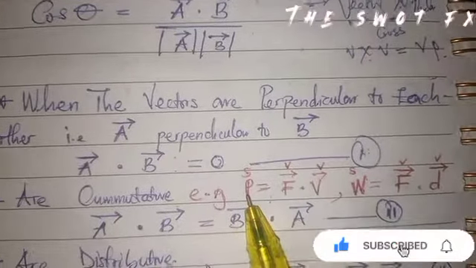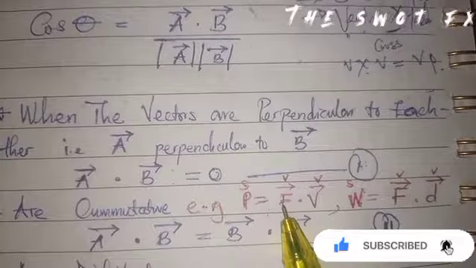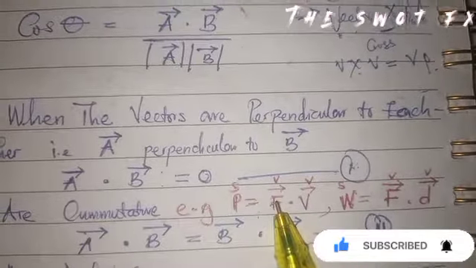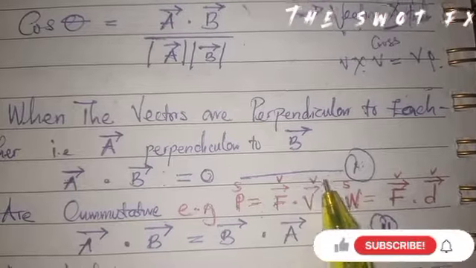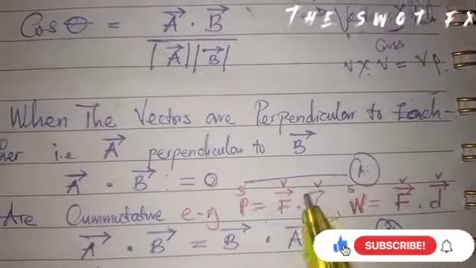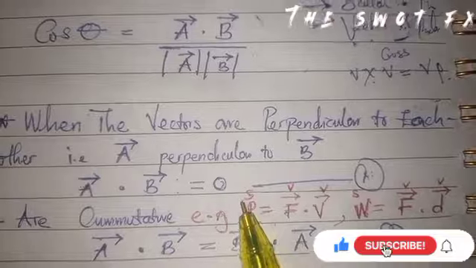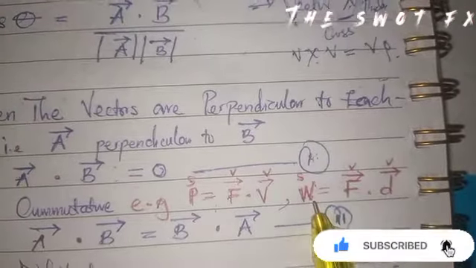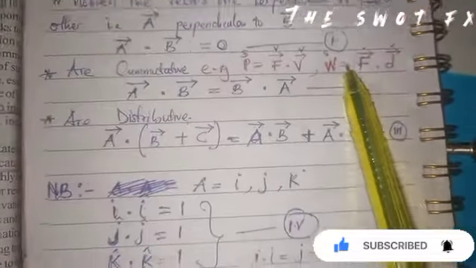This is power, and power is force times velocity. Power is a scalar quantity, force is a vector quantity, velocity is also a vector quantity. So when you multiply both of them together, it will give you a scalar quantity, same as work done. So vector times vector will give us scalar.